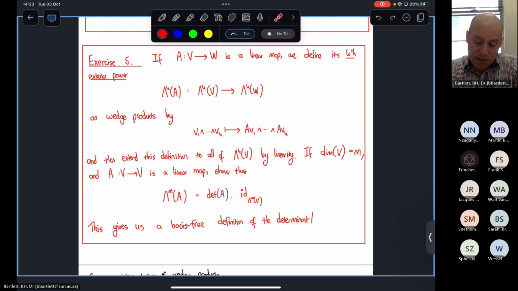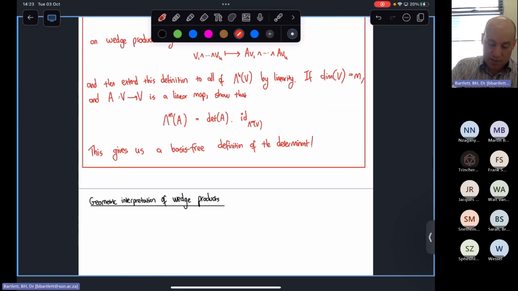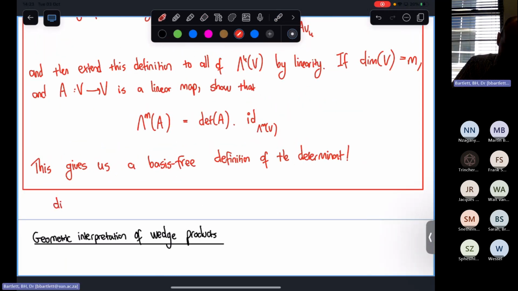Because if the dimension of V is m, then the (m+1)th exterior power of V is just a zero vector space.